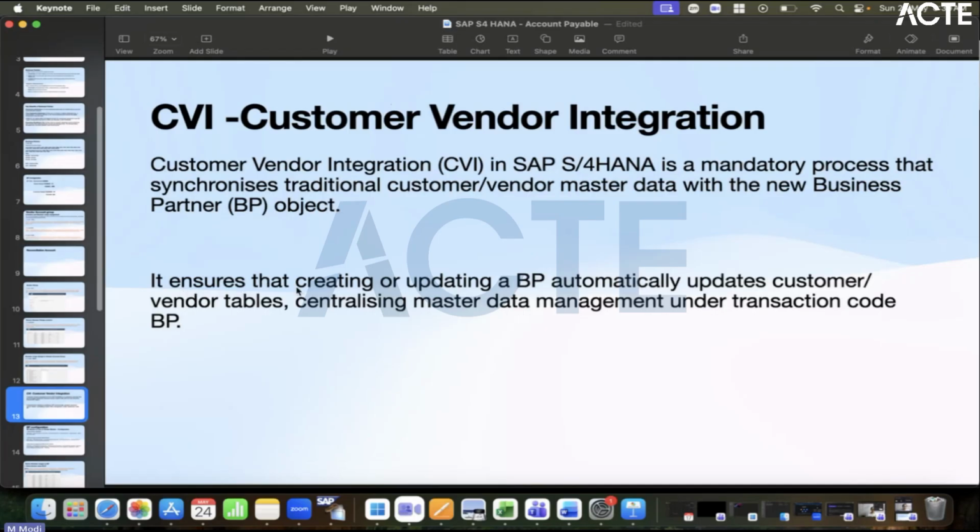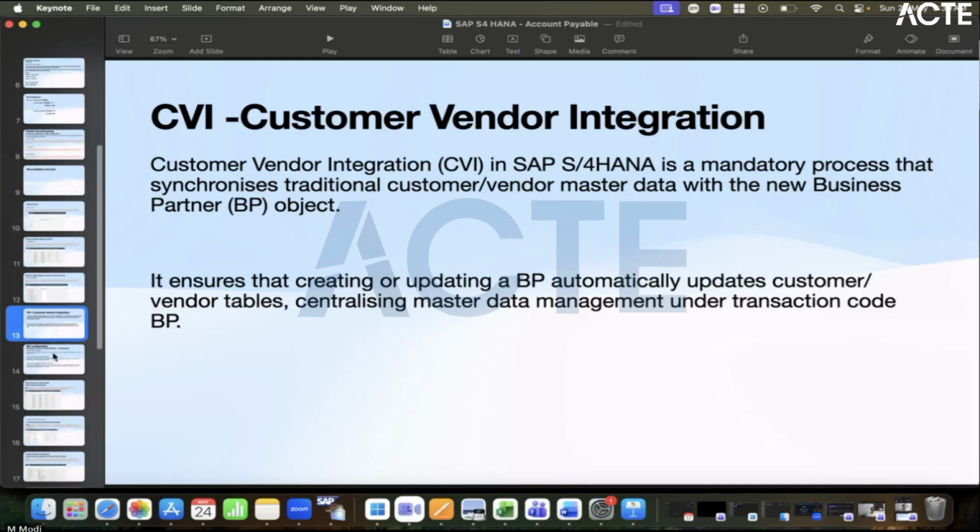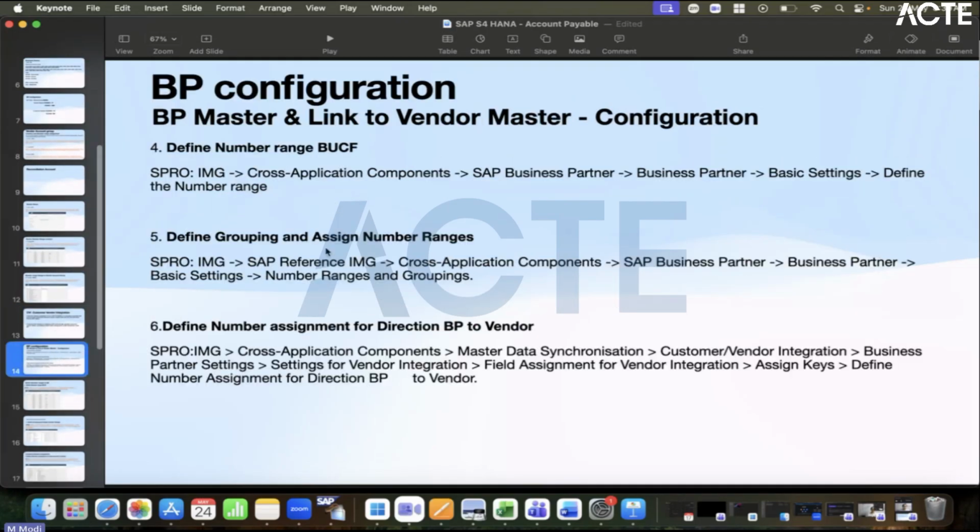It ensures that creating or updating a BP automatically updates the customer vendor tables, centralizing master data management under transaction code BP. So BP is your main. Now we have to do configurations for business partner.